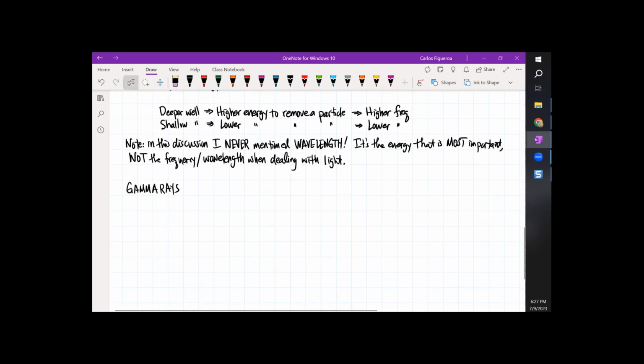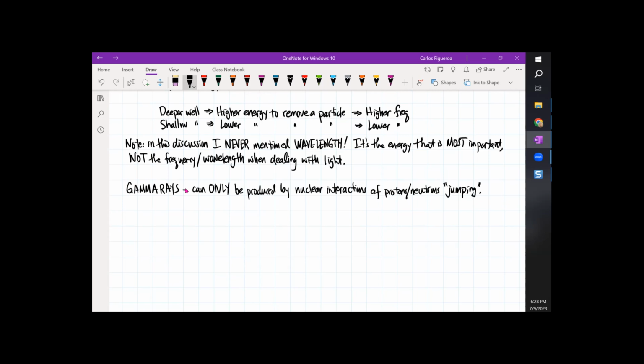So when I talk about gamma rays, we then say that they can only be produced by nuclear interactions of protons and neutrons jumping.